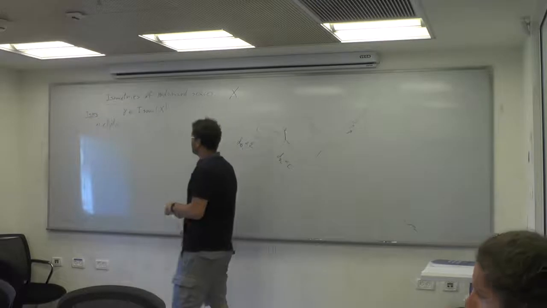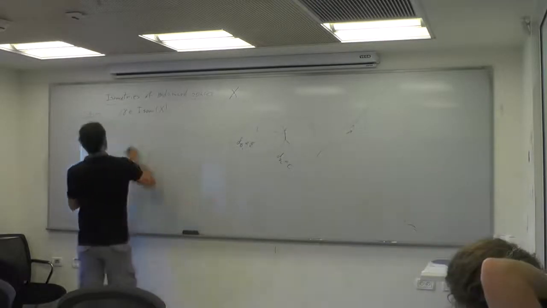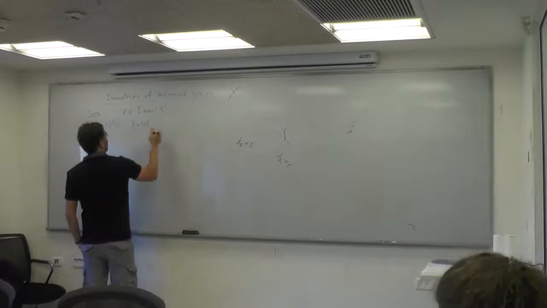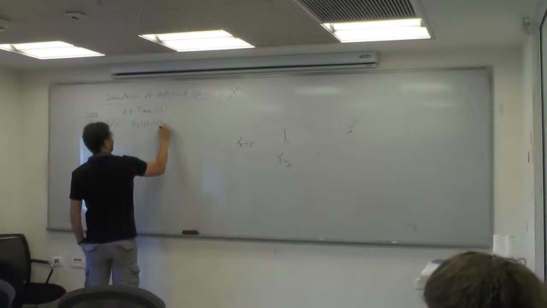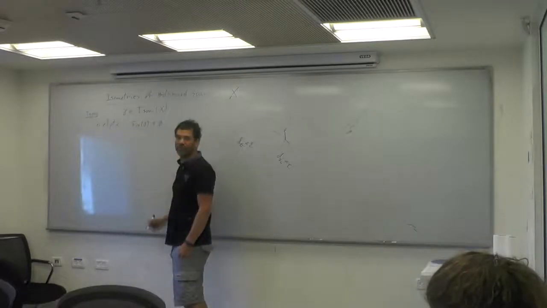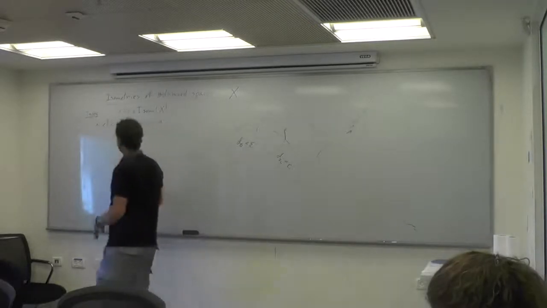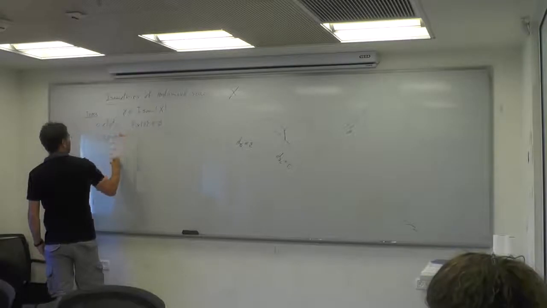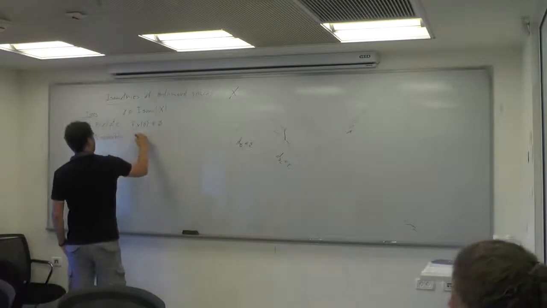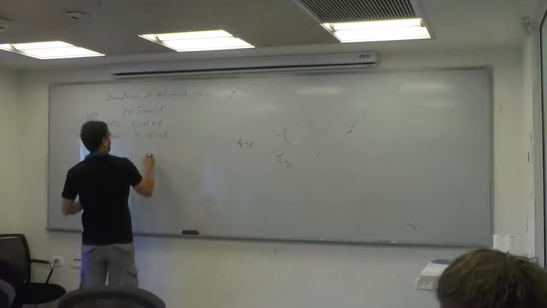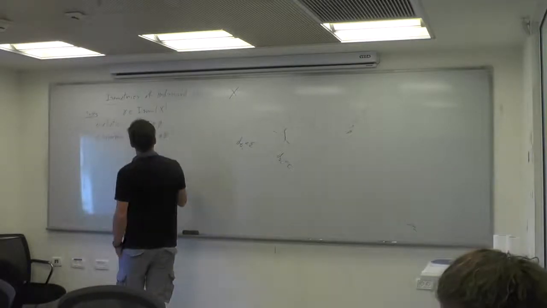Gamma is elliptic if Fix(gamma) is non-empty, so it has a fixed point inside X. This is the set of fixed points inside X. And gamma is hyperbolic if Min(gamma) is non-empty, but Fix(gamma) is empty.